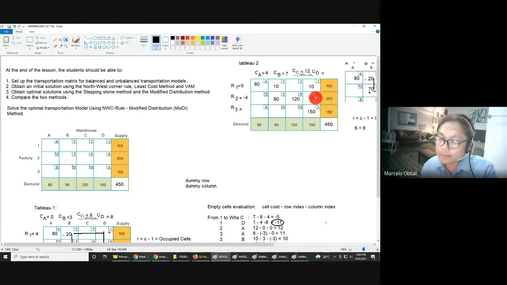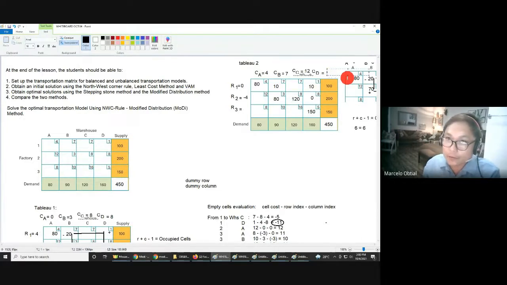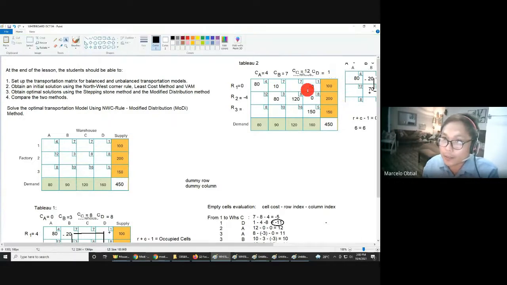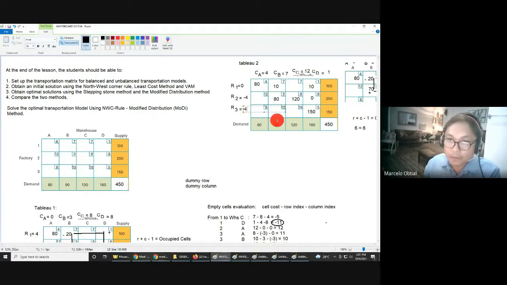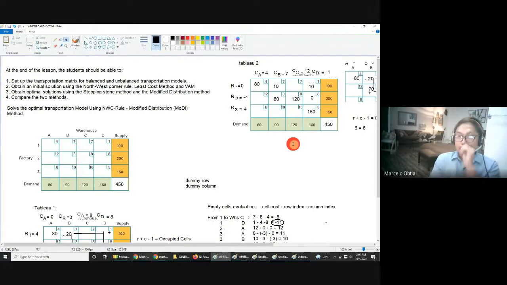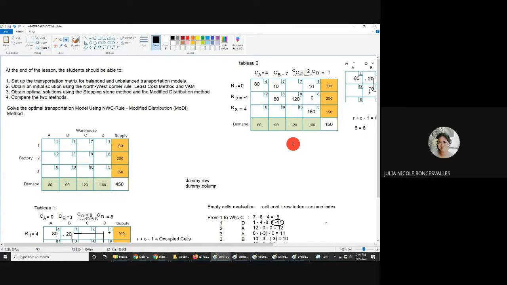Don't be confused, because sometimes I also get confused with the zero here. I thought it was occupied, but it's not occupied. Here, 1 minus 0, which is equal to 1. It's occupied. So I think this is the only one missing. 5 minus 1 will give you 4. Julia, can you double check? Everything is okay, Julia? Yes, sir.